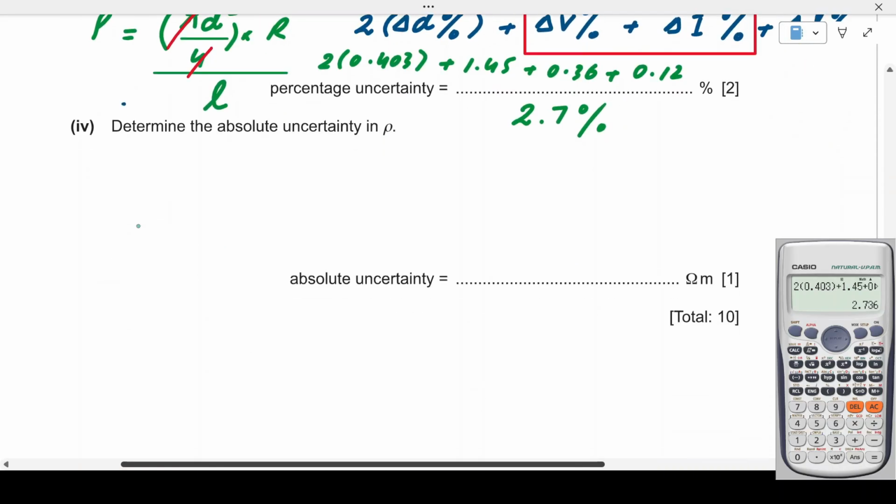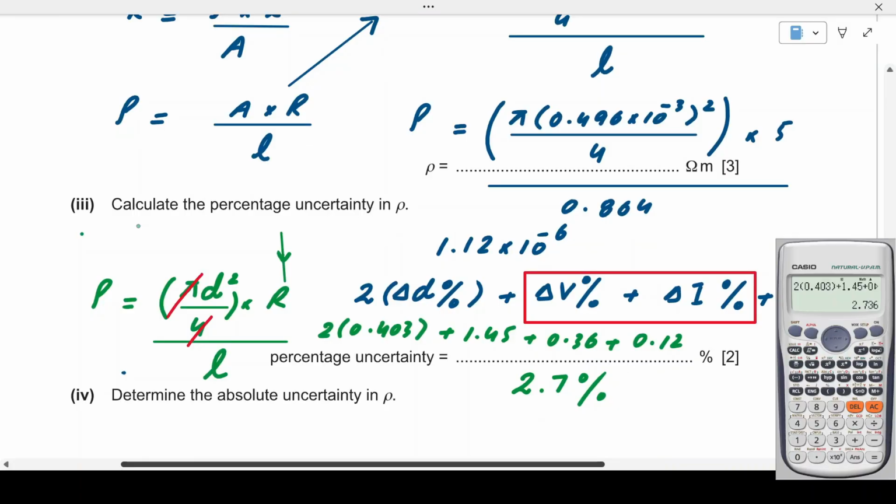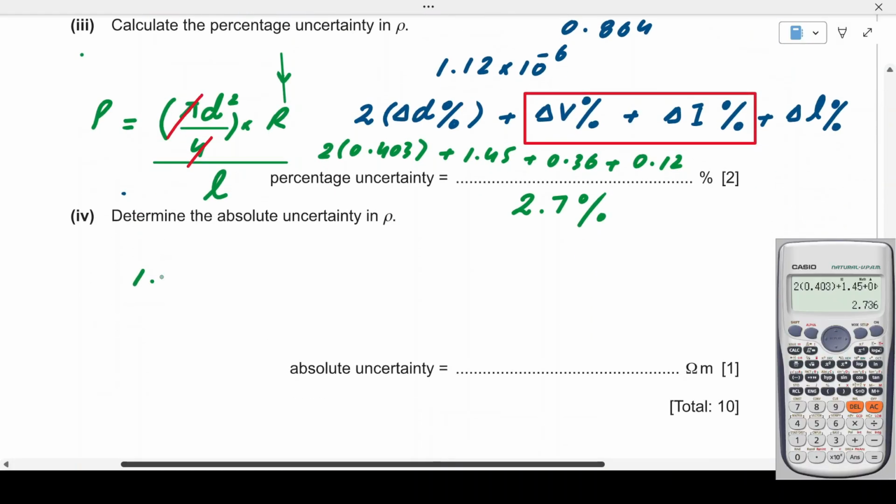Determine the absolute uncertainty of resistivity. So what is the value of resistivity? 1.12 into 10 raised power minus 6 plus minus 2.7%. Let us find what 2.7% of this answer is. So 2.7% means this thing, multiply by 1.12 into 10 raised power minus 6.